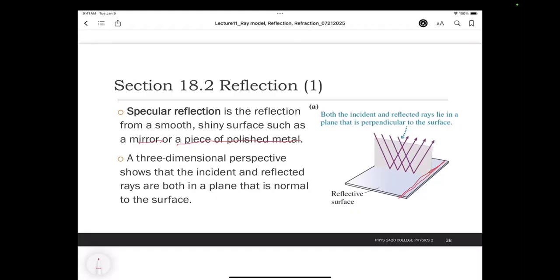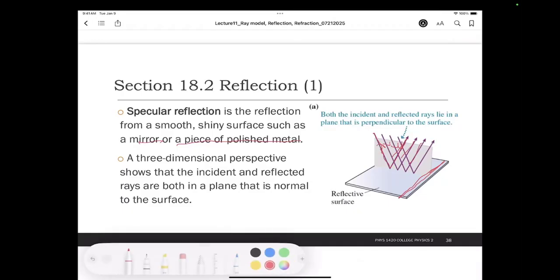A three-dimensional perspective shows that the incident and reflected rays are both in a plane that is normal to the surface. Which means here, this is the incident ray, and this is the reflected ray. Let me make it clear.